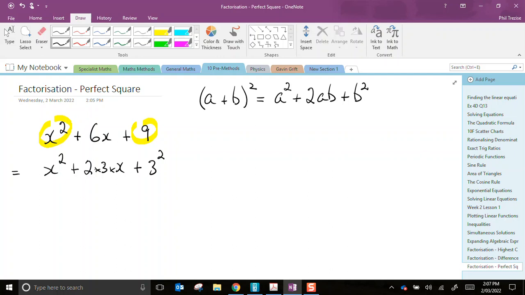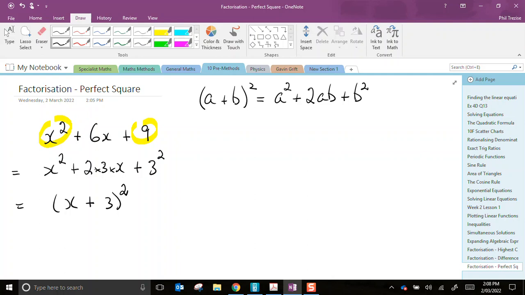Sure is. So this fits the pattern. And it's the first thing, x, plus the second thing, 3, all squared. That's factorised because we knew from yesterday that expanding it out gave the rule that we have up the top there. So that was a straightforward one.